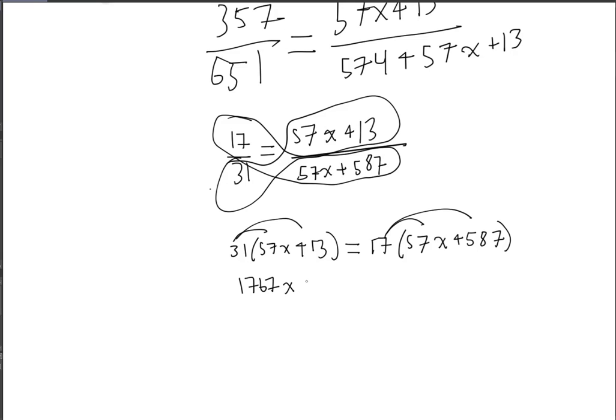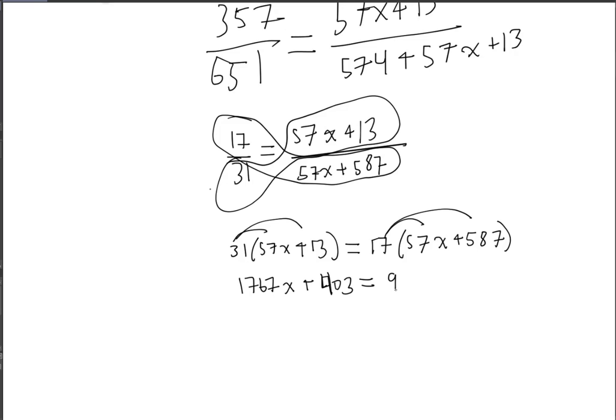1767x, right? Plus 13 times 31, right? 13 times 31 is equal to 403, right? So this is 403. Sorry, that's a 4. For some reason, connecting those is really driving me nuts. 17 times 57 is 969, right?